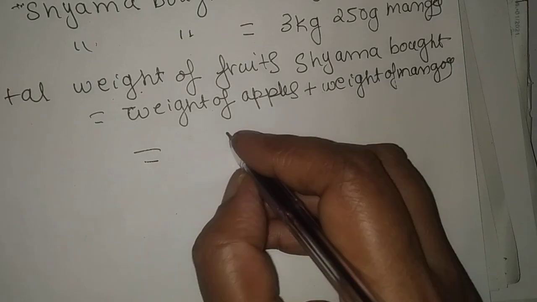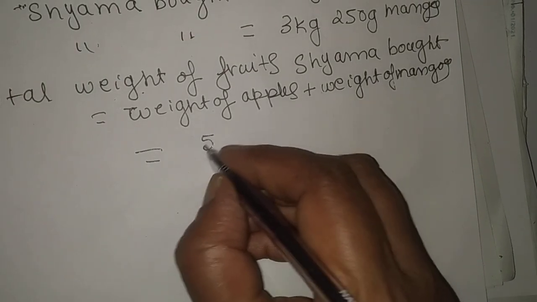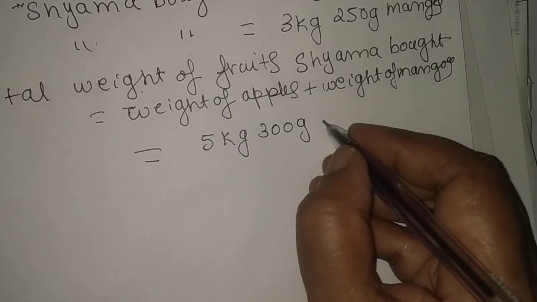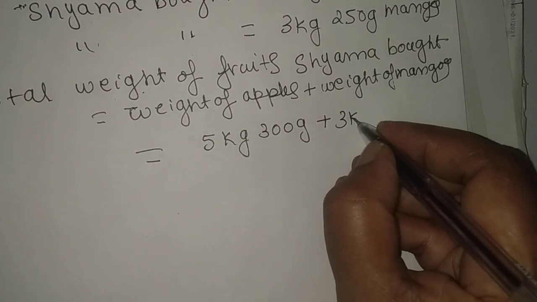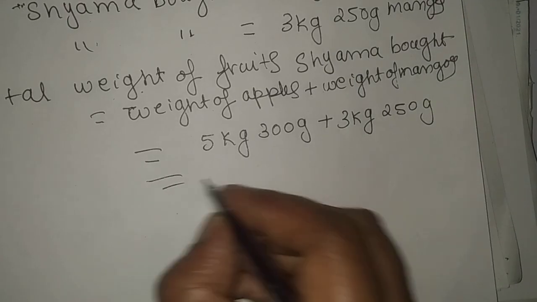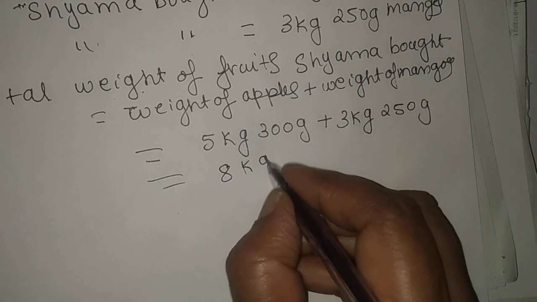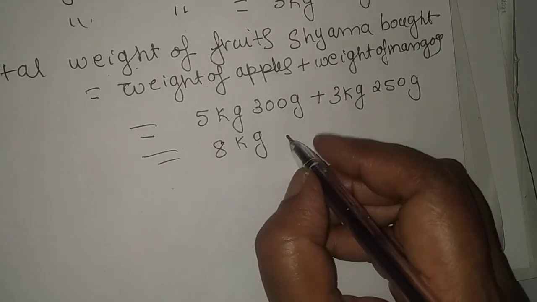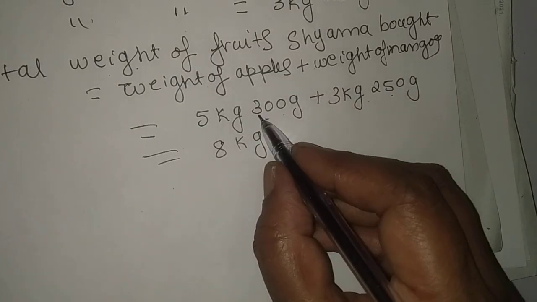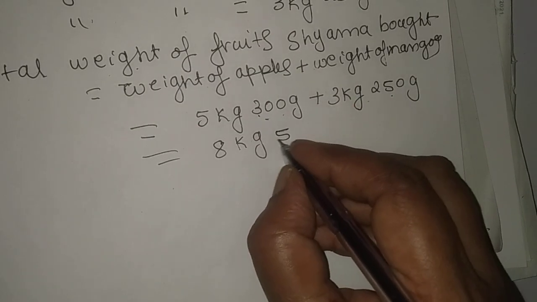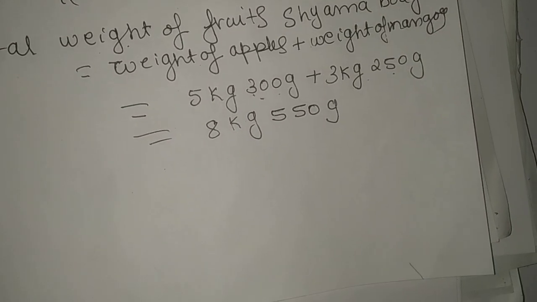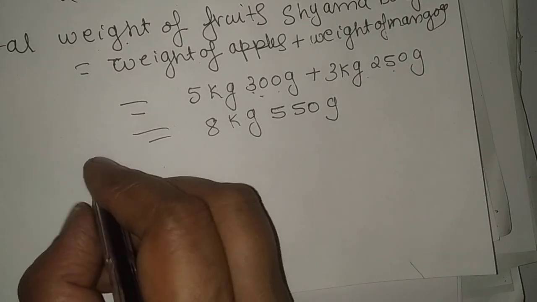So add both, that is how much? 5 kg 300 grams plus 3 kg 250 grams. Add, you will get 8 kg 550 grams.